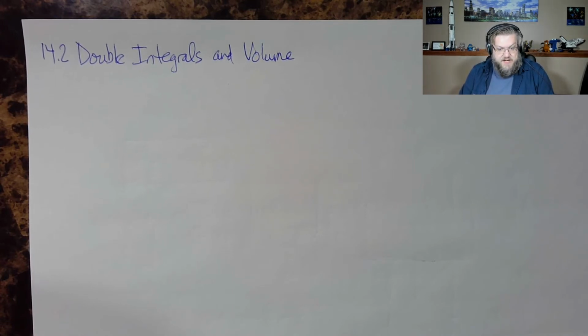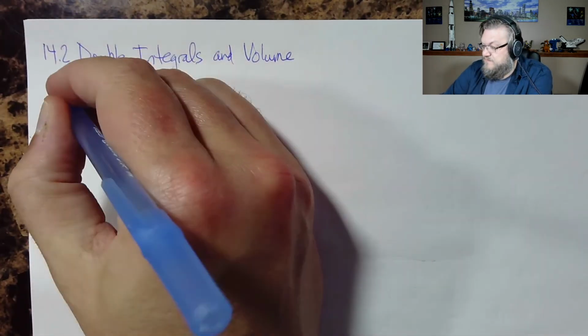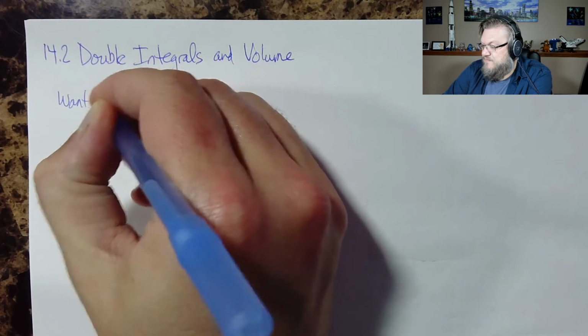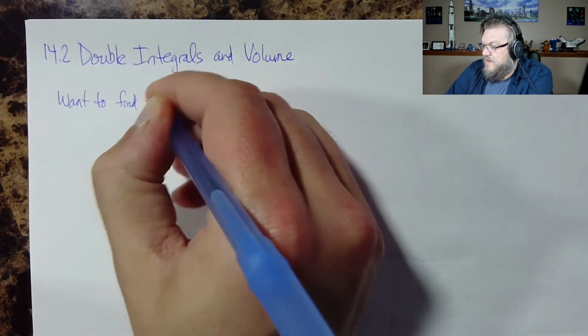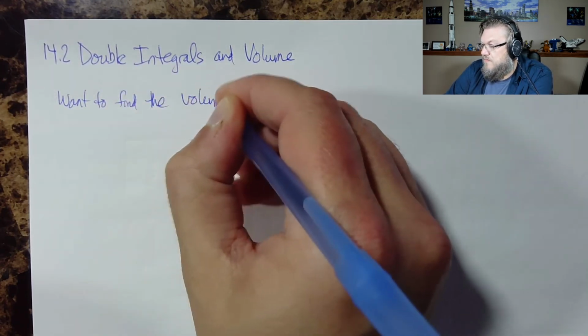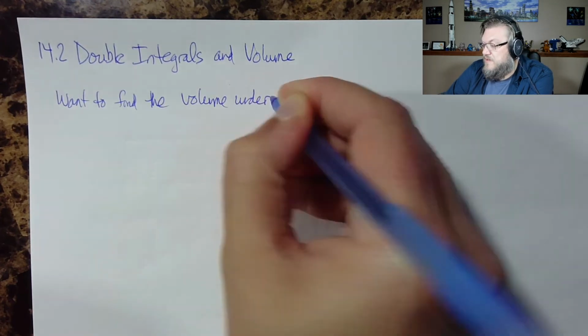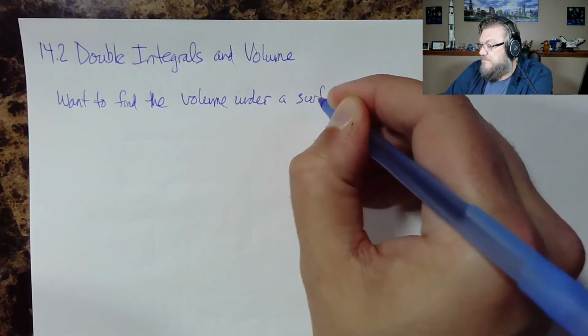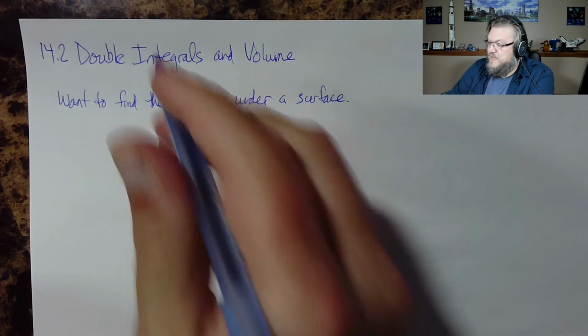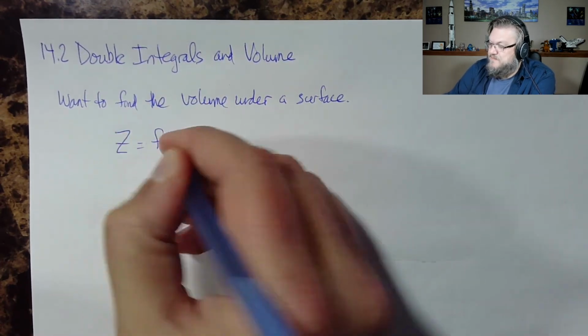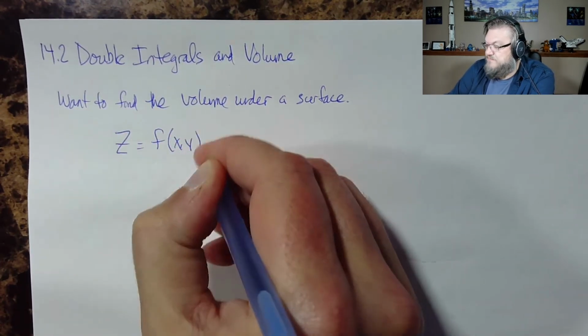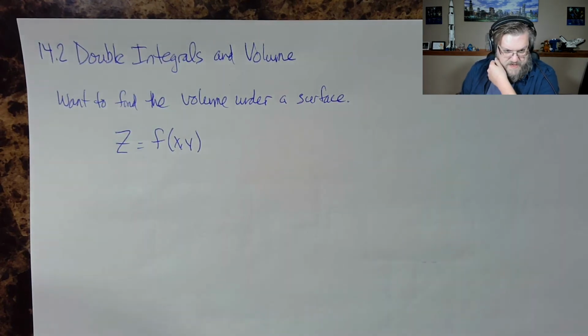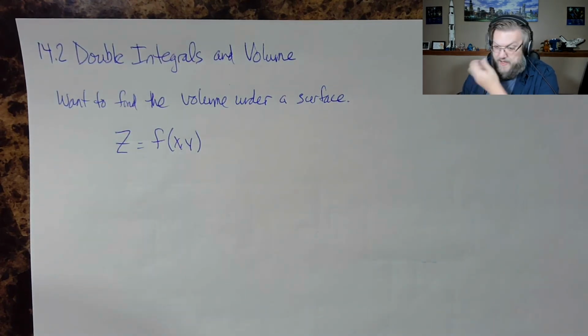So let's get started. Here is what we want to do. I want to find the volume under a surface. Suppose I have some surface, z equals f of x y, and there might be some sort of volume underneath that.